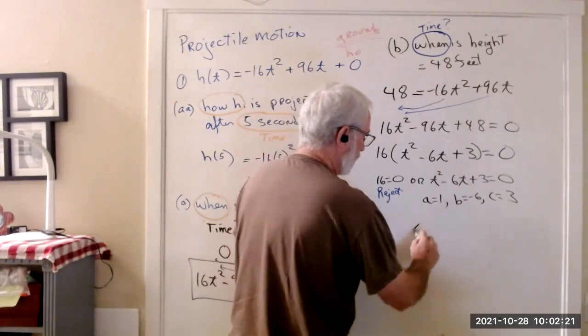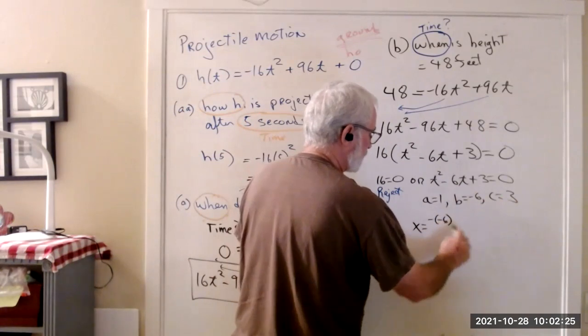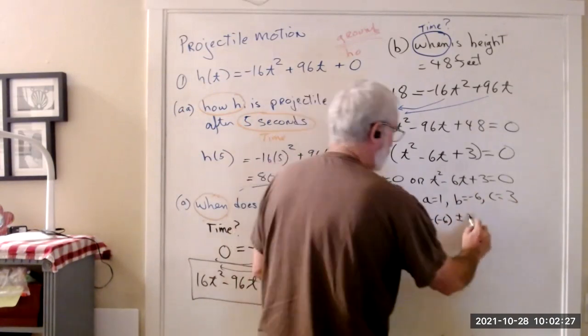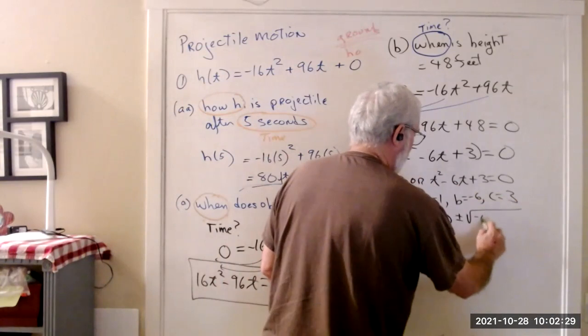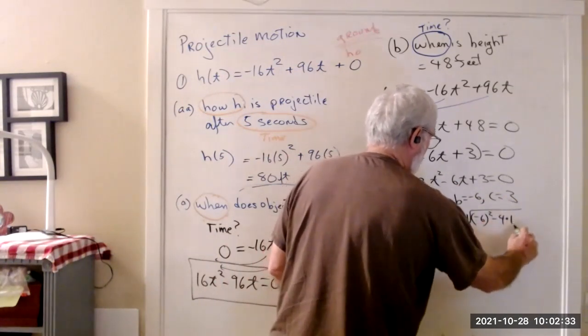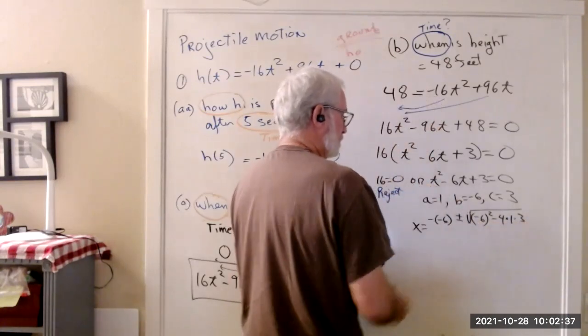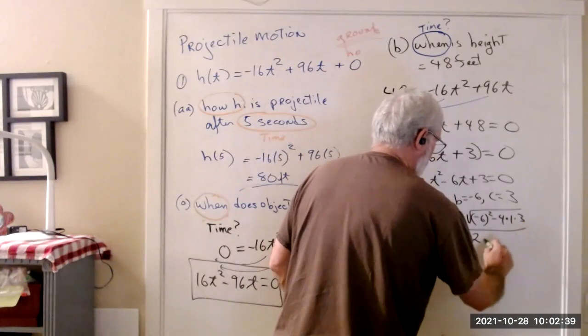So put it all in the quad formula. X is negative B, so negative of -6, plus or minus the square root of -6 squared minus 4 times 1 times 3, all divided by 2 times 1.